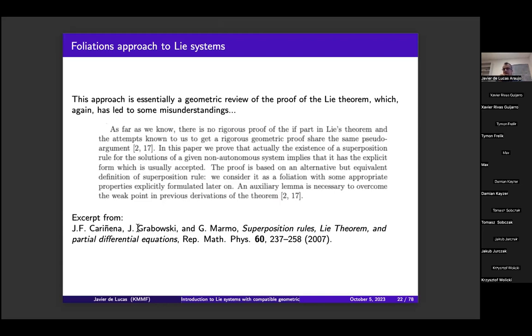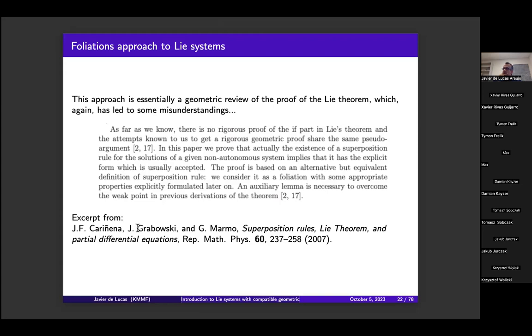With respect to the Lie theorem, as far as I know, it's only in German. I haven't seen an English version, as far as I remember. And it has several parts that are not properly proved by Lie. I mean, there is nothing wrong about the theorem, but there are some gaps.